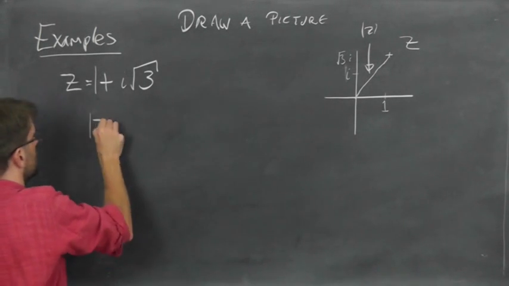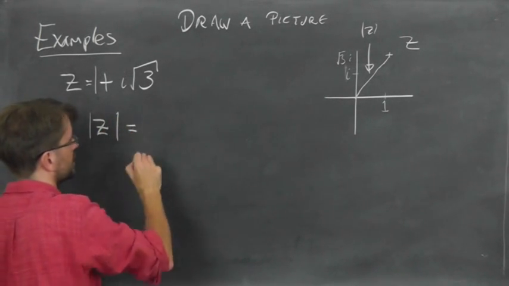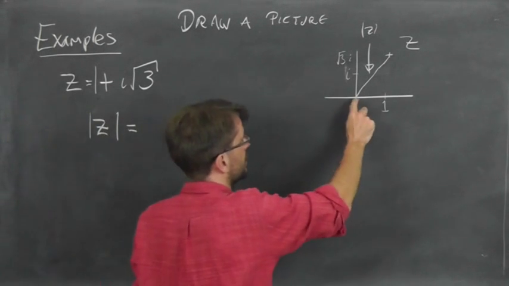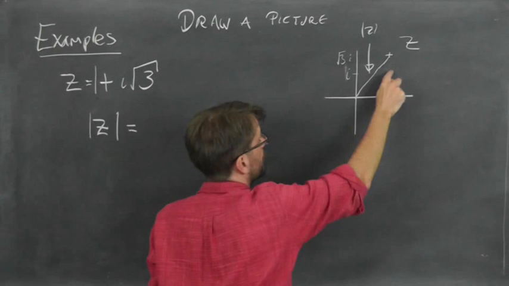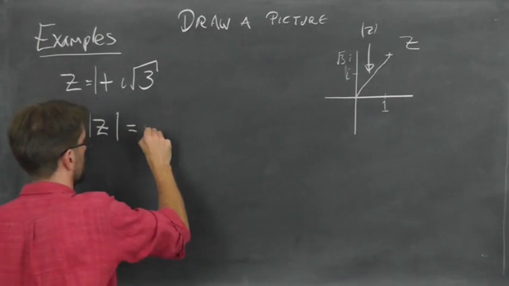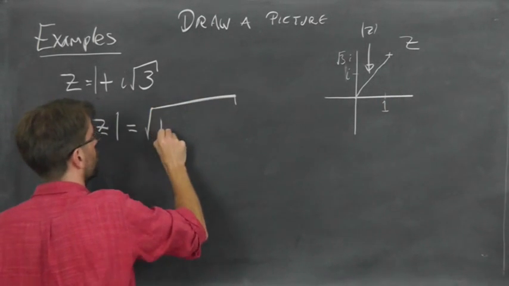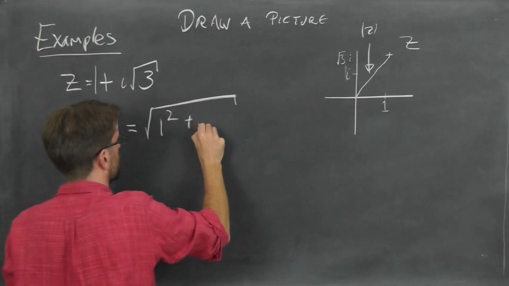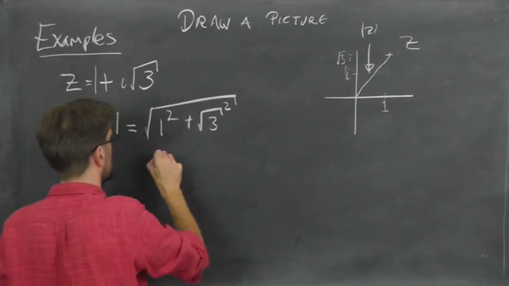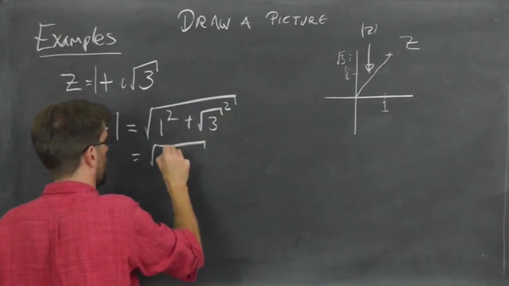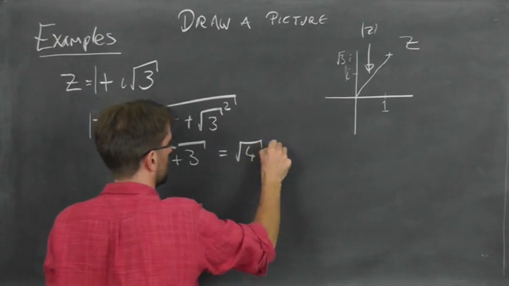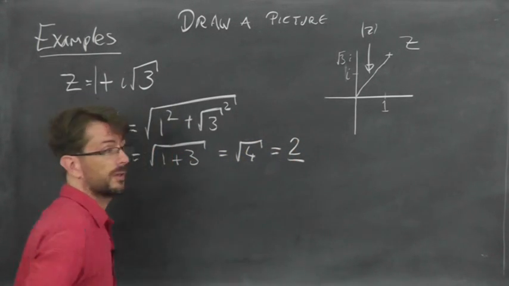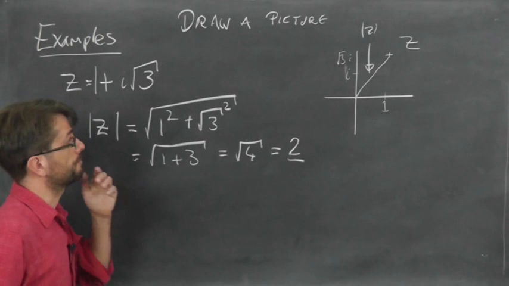So the modulus of z is equal to, use Pythagoras' theorem, the square of this side plus the square of that side, and take the square root. So that's just the square root of 1 squared plus the square root of 3 squared. So that's the square root of 1 plus 3, which is the square root of 4. In other words, 2. Okay, so the modulus is 2.